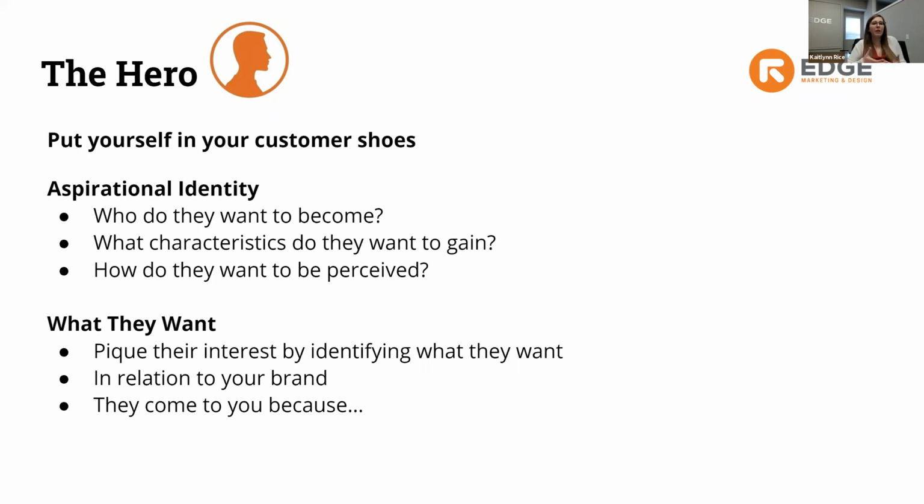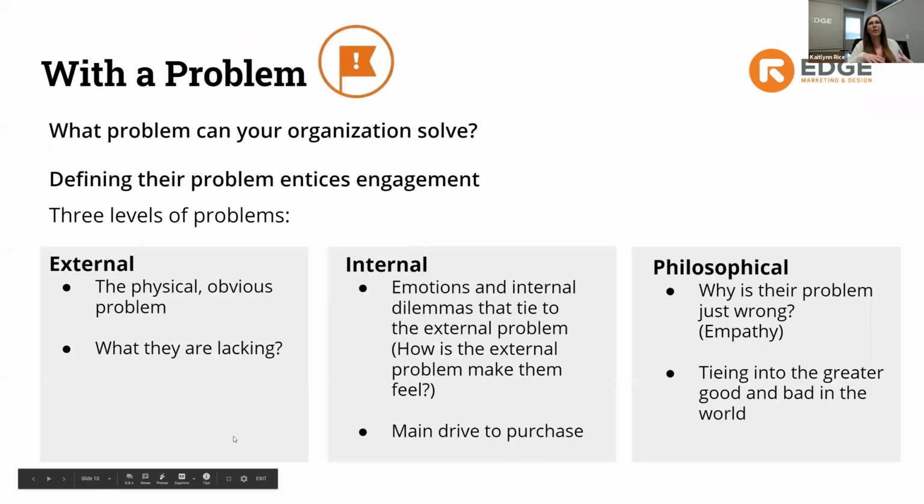How do they want to be perceived by the world? And we also want to see what they want. By identifying what they want, we pique their interest and draw them into the story of your brand. Now, what they want should be in relation to your brand, so that should be your product or service.